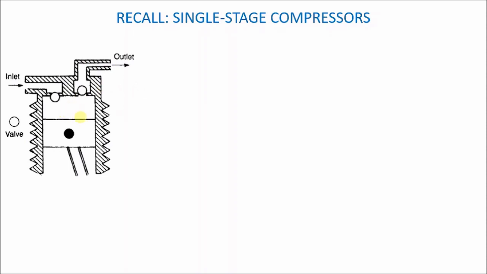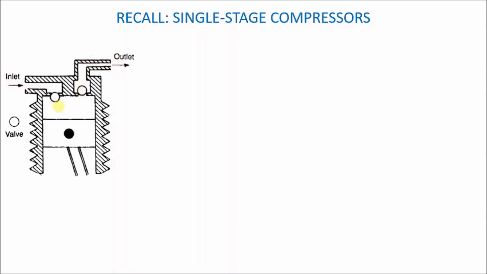And that is the purpose of a compressor, is to compress the air and deliver it at a higher pressure. So once compression has taken place, the outlet valve will open and the high pressure air that has now been compressed will be released through the outlet valve and through the outlet duct. Okay, and that will be the delivery phase. Okay, after the compression phase, it's the delivery phase.